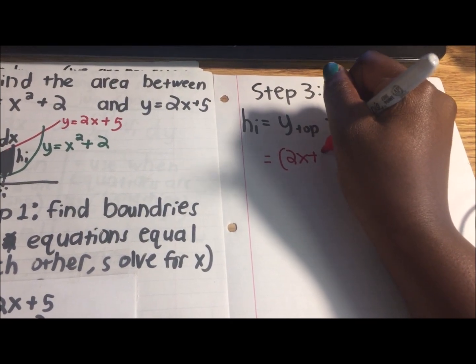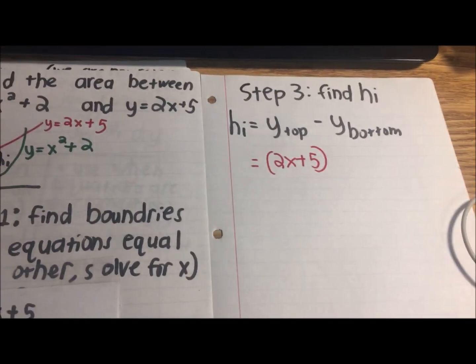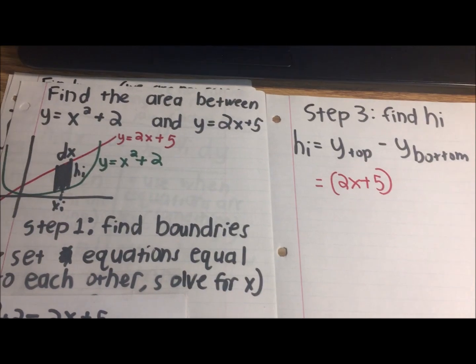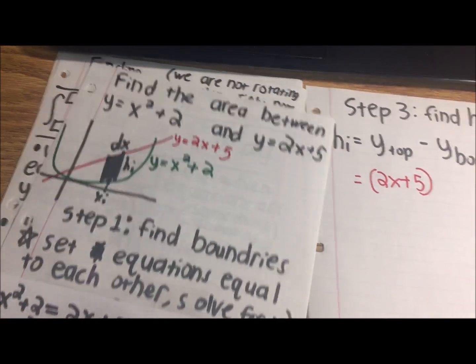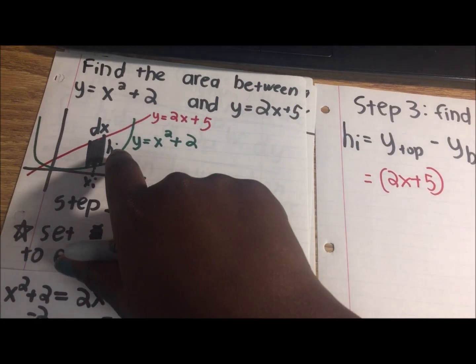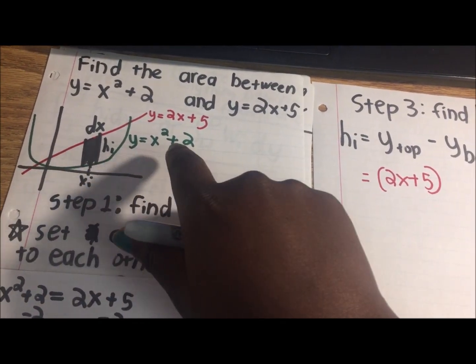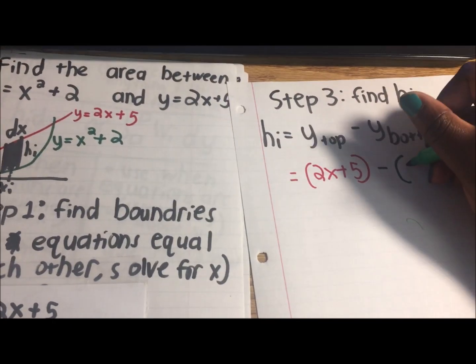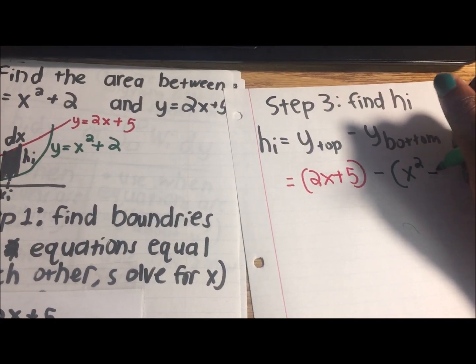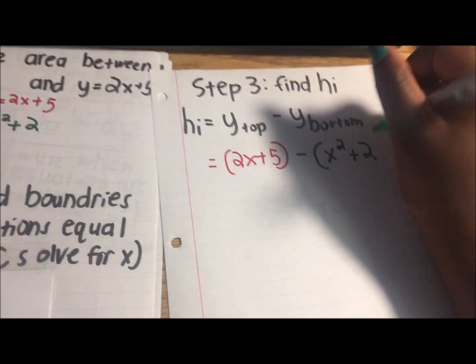Y bottom, the equation that touches the bottom of the strip, that's in green, is x squared plus 2.